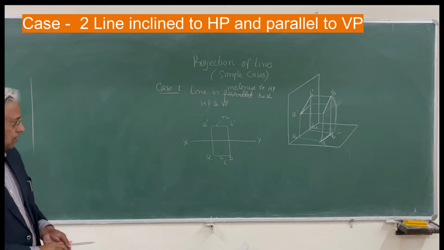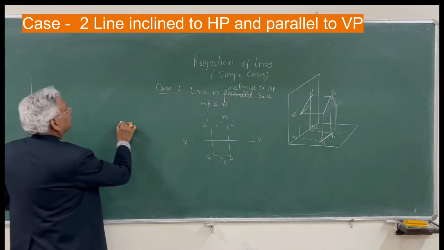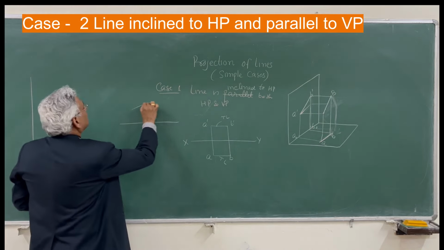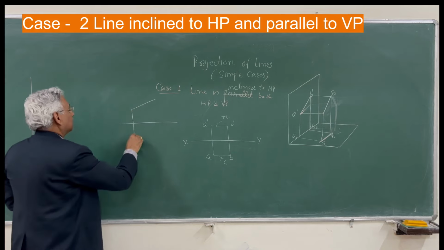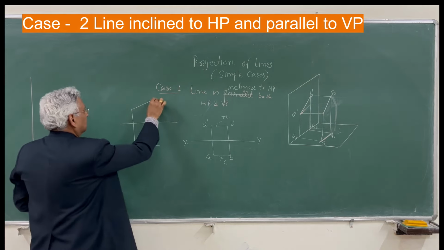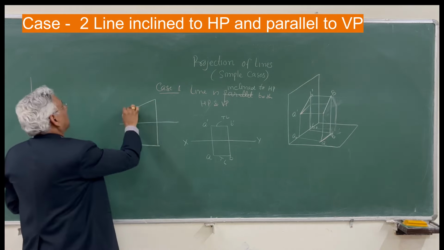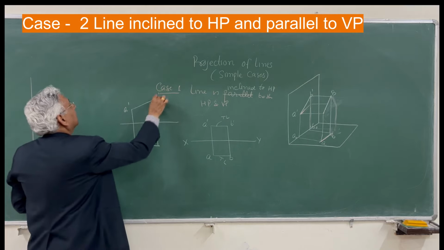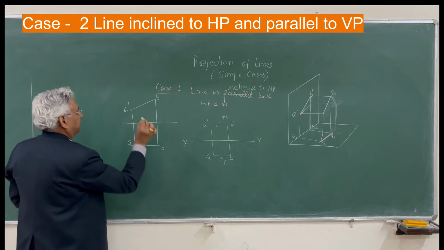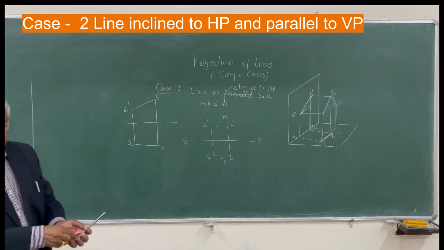So in projection, what you see is that the elevation is now inclined and the plan is parallel to the ground line: A dash B dash, and A B.